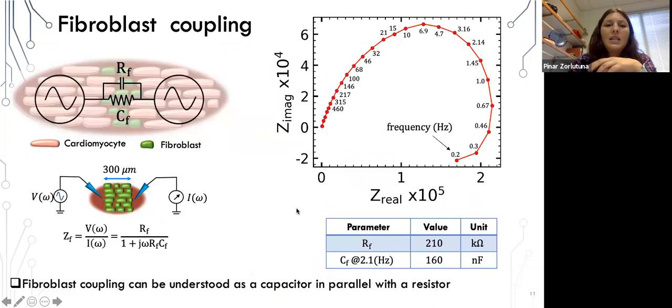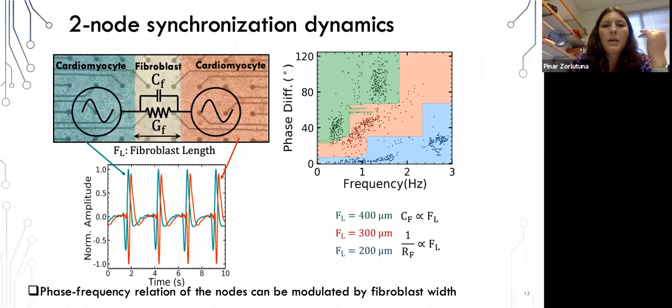And it is possible because the fibroblasts actually act as an RC type of connector. In this experiment, we also measured their impedance, and we saw that they have a nice impedance profile that shows us that they're truly RC type couplers, and they can be used as the coupling elements for these two clusters of beating oscillators.